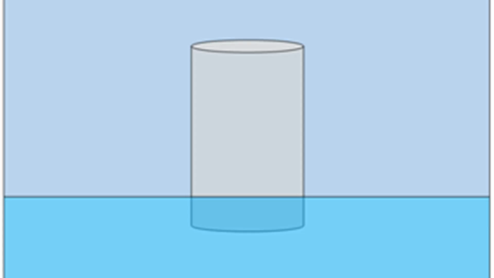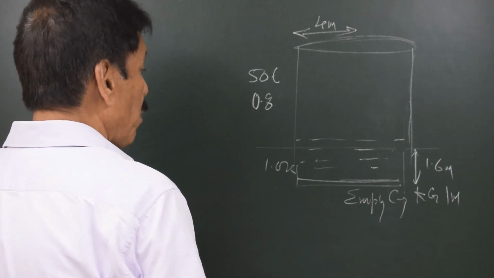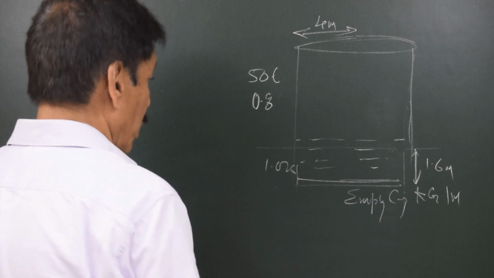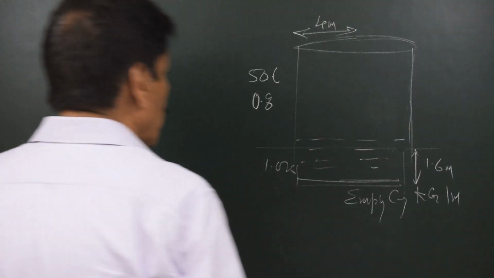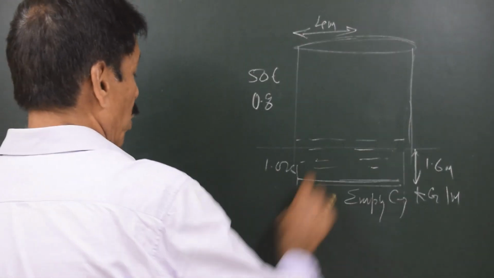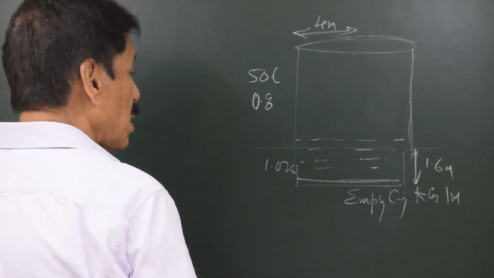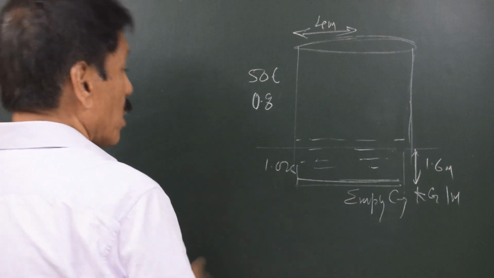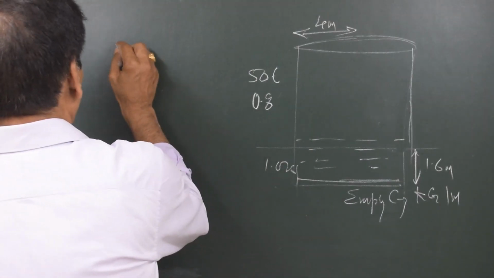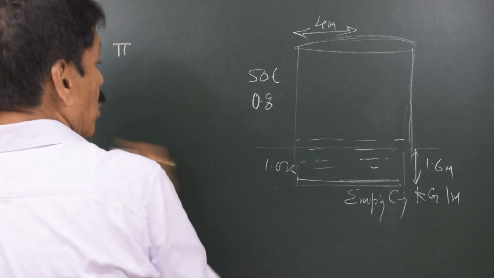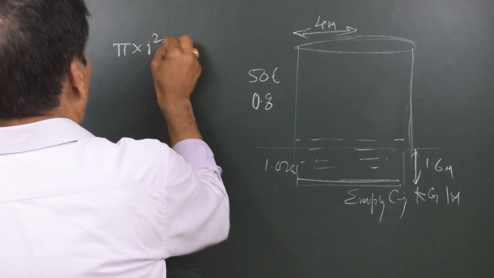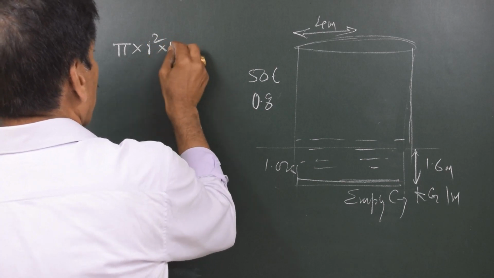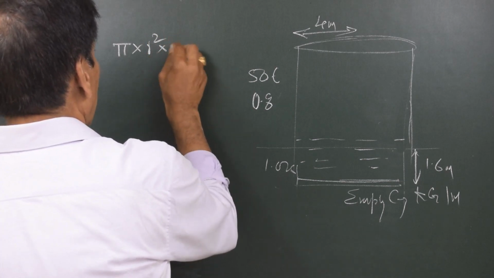So when the cylinder floats with the draft of 1.6 meters while it is empty, we can find out what is the displacement. Displacement is the liquid that is displaced by the submerged portion, that is 1.6 meters, multiplied by the density of the liquid in which the container is floating. So the volume of the submerged portion is pi r square into the draft.